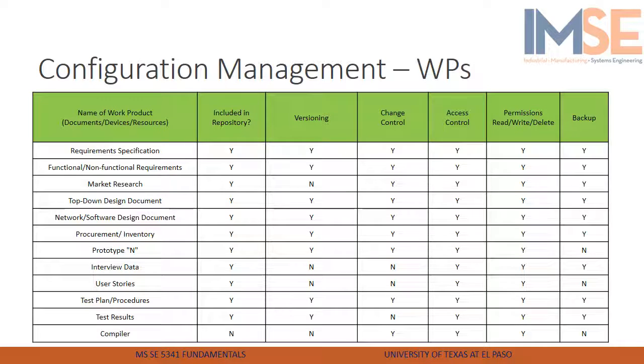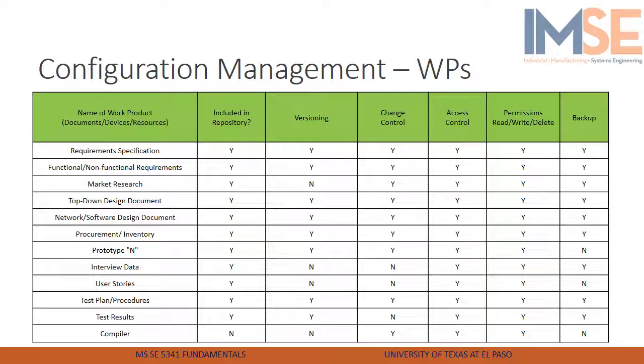In order to have effective work products, we must ensure that these are included in our repository, include versioning if applicable, establish change and access control, establish permissions to read, write, or delete, and finally, whether or not a backup will exist which will be carried over to different baselines.